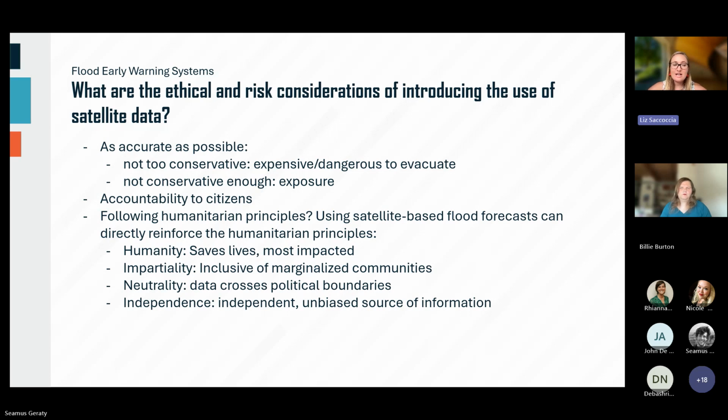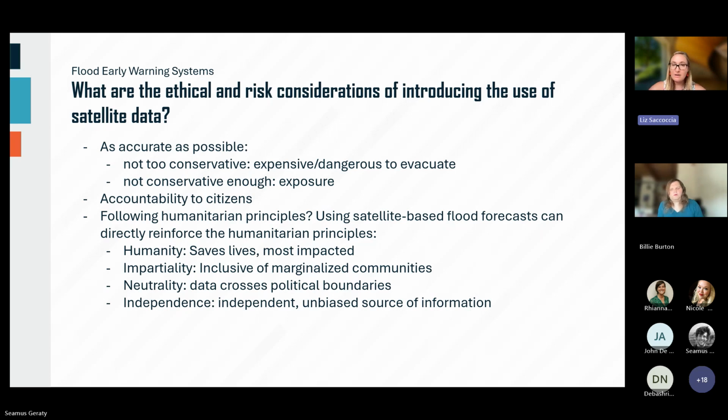In addition, there is a challenge with these systems being accountable to citizens. Oftentimes the government, the meteorological agency of a country or a local municipality, is responsible for the warnings. And this is important because that government is accountable to the citizens.